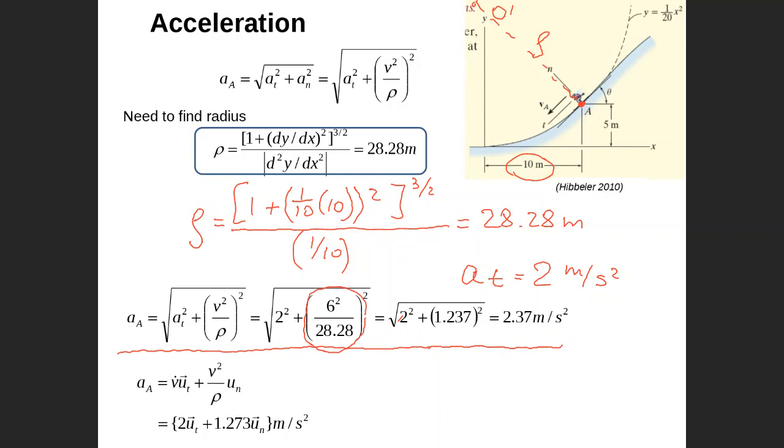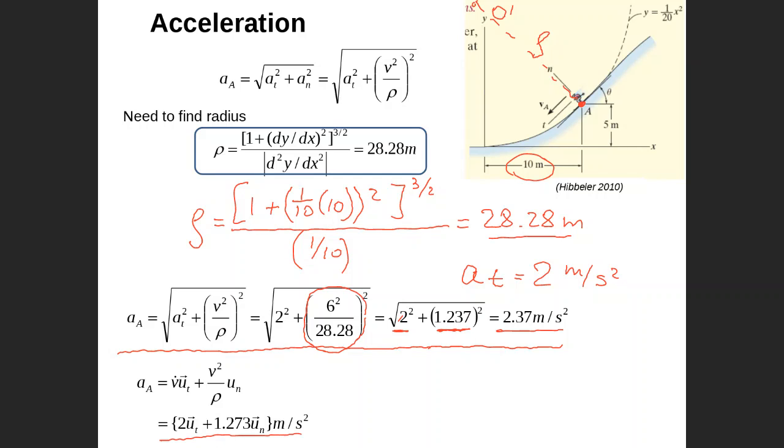Velocity was given as well, 6, divided by the radius, which we just calculated. As a result of all those calculations, we get total acceleration. We don't get only total acceleration, we also get components of acceleration. So your answer can be presented in a vector form as well.